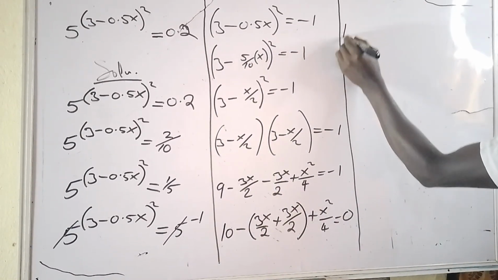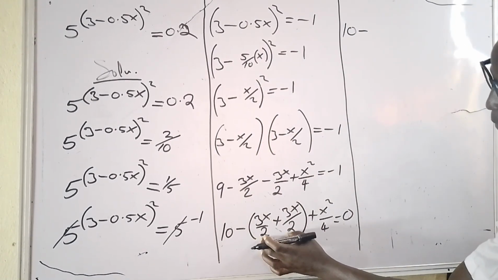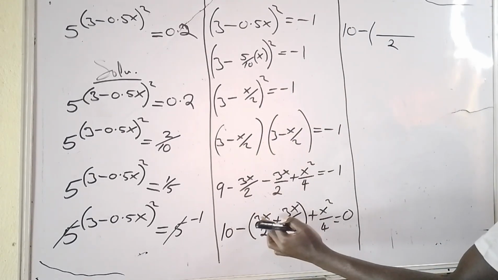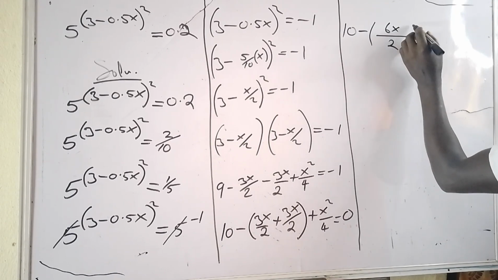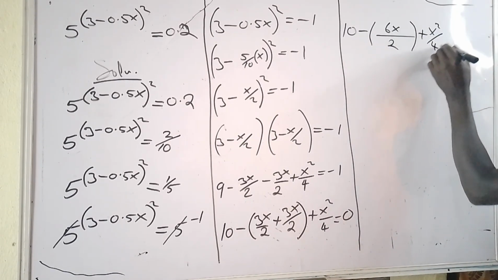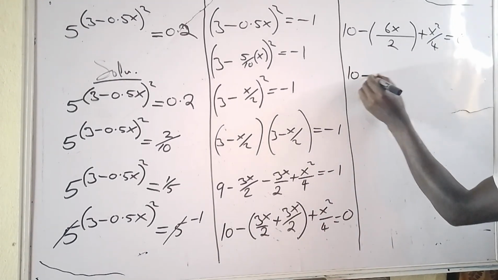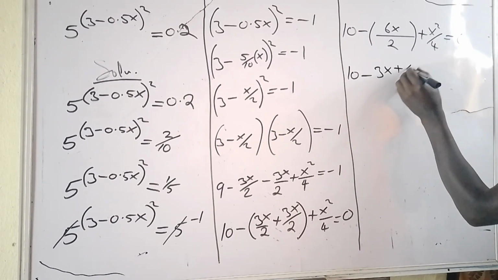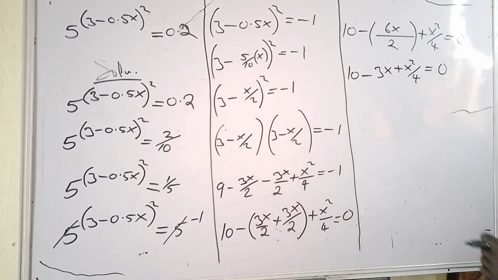I can go further by saying 10 minus, we know that here the LCM is 2, so I can open the bracket and write the LCM, which is 2. Then 3x plus 3x of course is 6x, close bracket, plus x squared all over 4 is equal to 0. So I have 10 minus 6 divided by 2 is 3. So I have 3x plus x squared over 4. Everything is now equal to 0.